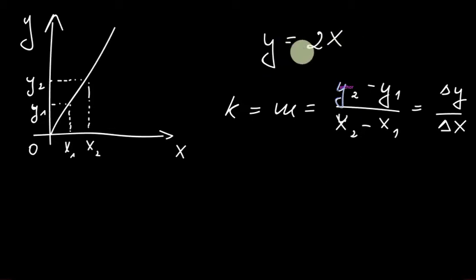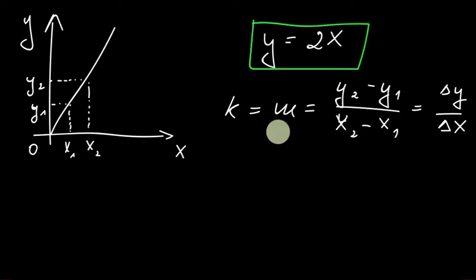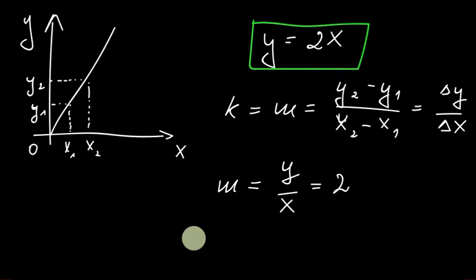If we have a function like this, our slope would be 2, because if we divide both sides by x, we get that our m is equal to y divided by x, which is 2. And at any given point on that line, our slope will be 2. Well, that's because it's a line.